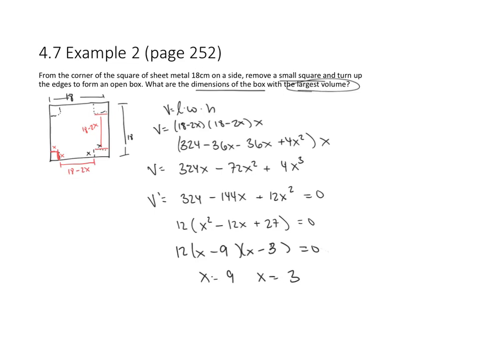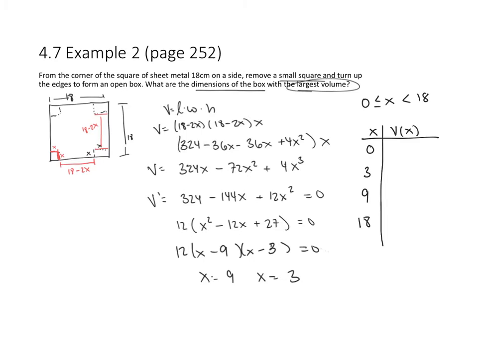The smallest number that I could ever have for my x would be 0. And the largest number would be 18, because that's as large as my sheet metal is. So let's find our absolute by setting up our XY table. And we're going to be looking for the volume. So we have 0, 3, 9, and 18.